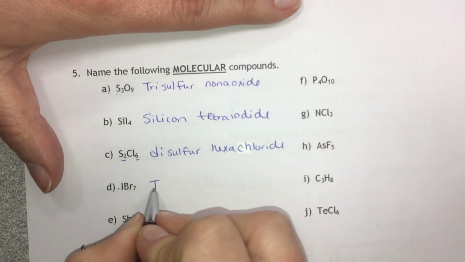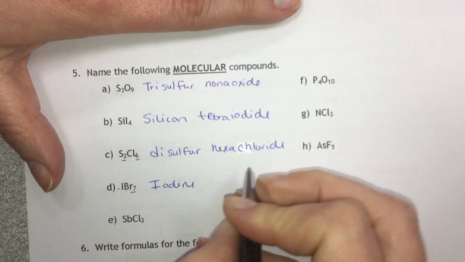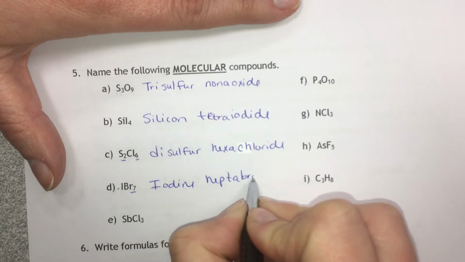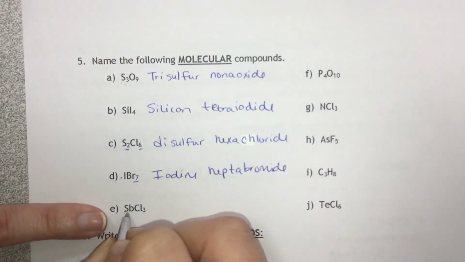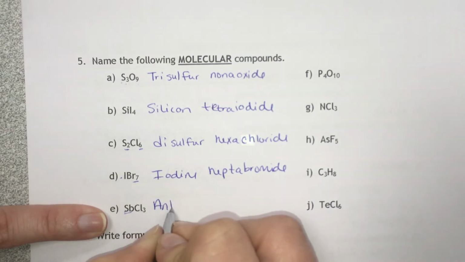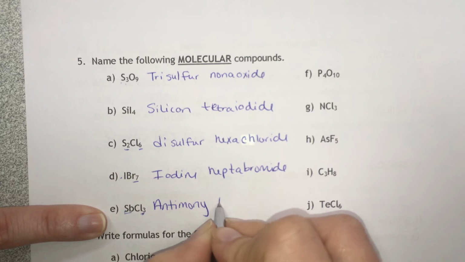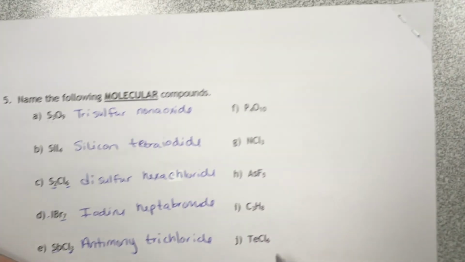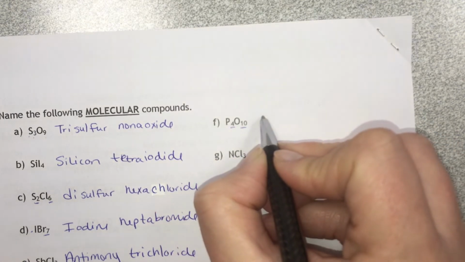Okay, this is iodine. And there's 7 bromines. So iodine heptabromide. Okay, this is antimony. And there's 3, so trichloride. Okay, next one is tetra and deca.